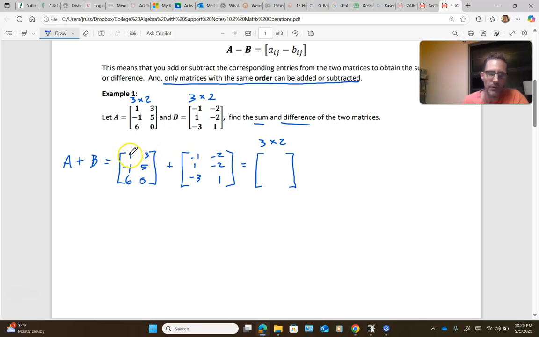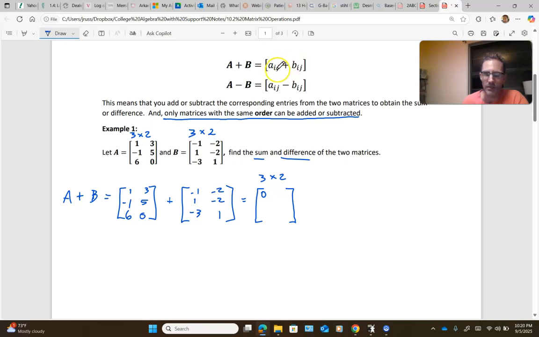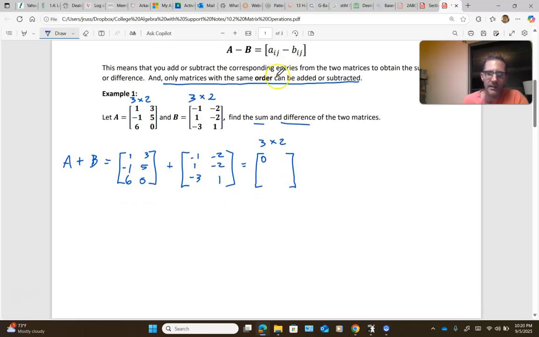So for example, first row, first column, 1 plus first row, first column here, we've got a -1. So 1 plus -1 is 0. That's actually what this is telling you up here. The i and the j represent the rows and columns. Then first row, second column, we've got a 3 plus this corresponding -2, and that will give us a 1.